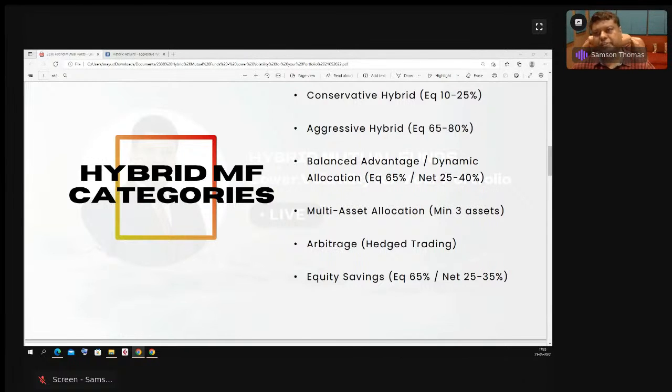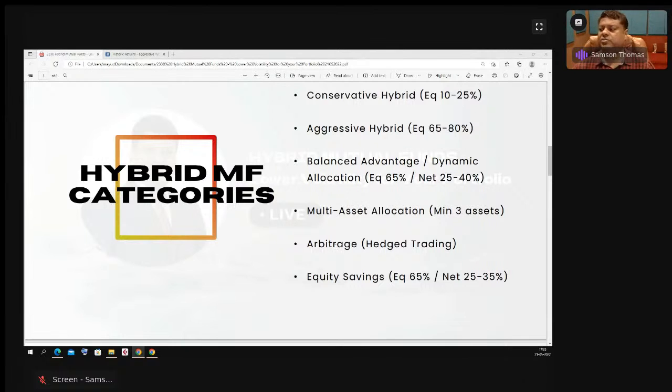Even the shorter term funds have also lost value, but they will pick up very soon. So in June, another rate hike will be there, so there will be a short term erosion in the value of the debt funds also.